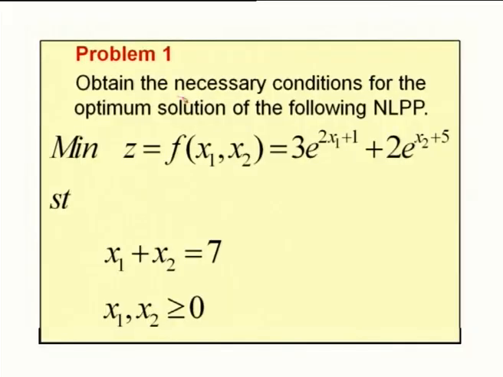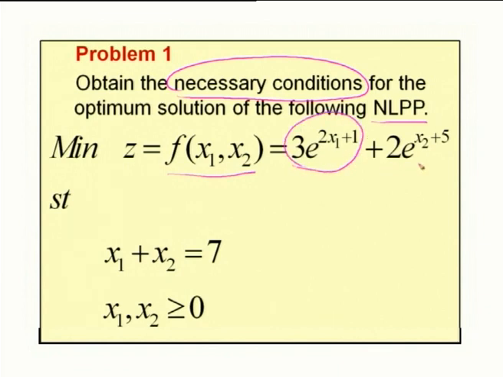The first problem is: obtain the necessary condition for the optimum solution of the nonlinear programming problem minimize z equal to f(x1, x2) equal to 3 e^(2x1+1) plus 2 e^(x2+5), subject to the constraint x1 plus x2 equal to 7.